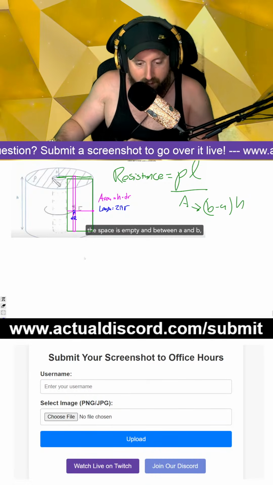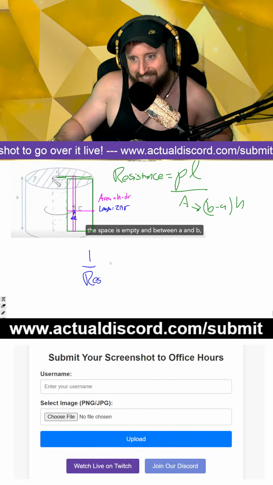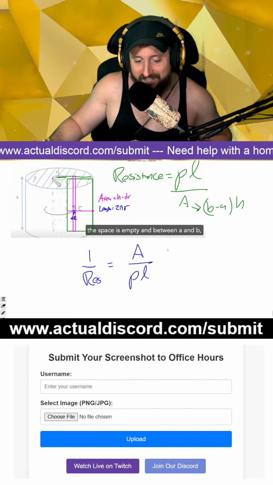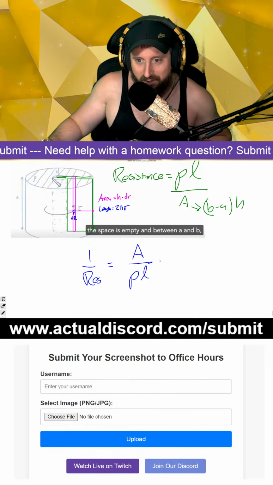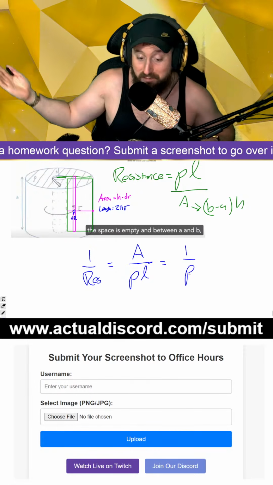I'm gonna say that 1 over the resistance is equal to A over rho L. And then A, that's okay. Now, watch, this is gonna work out so much nicer. I guess we just flip it.